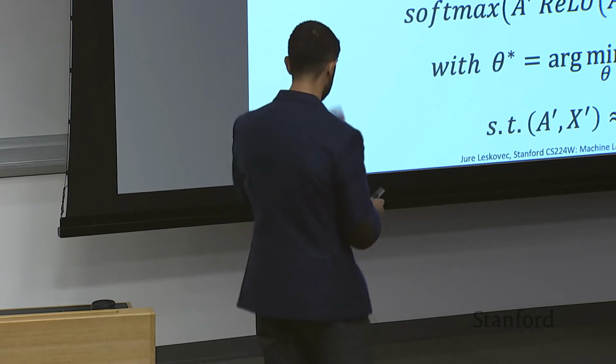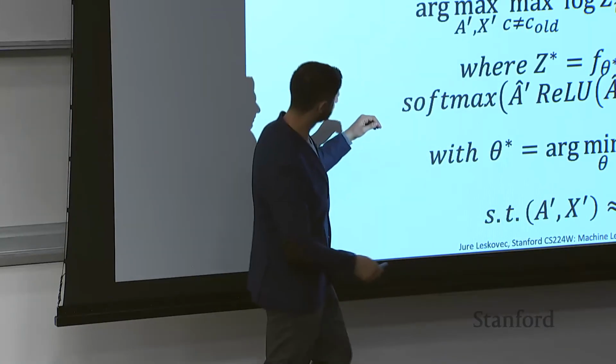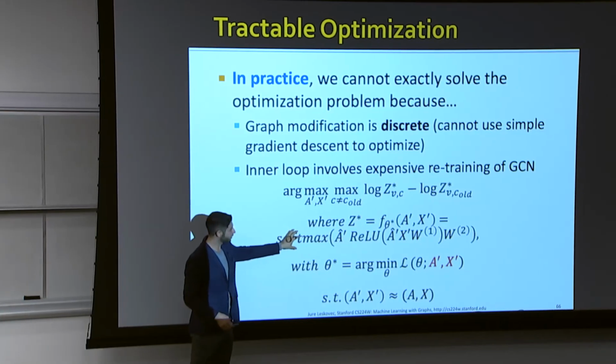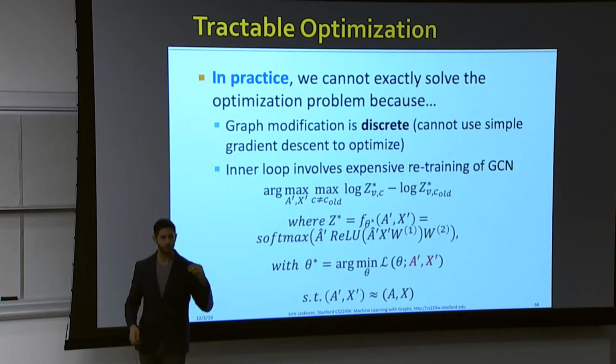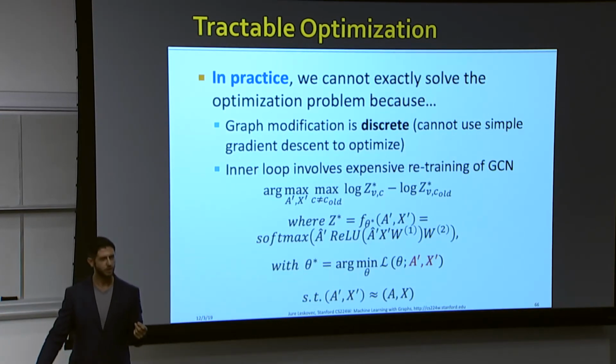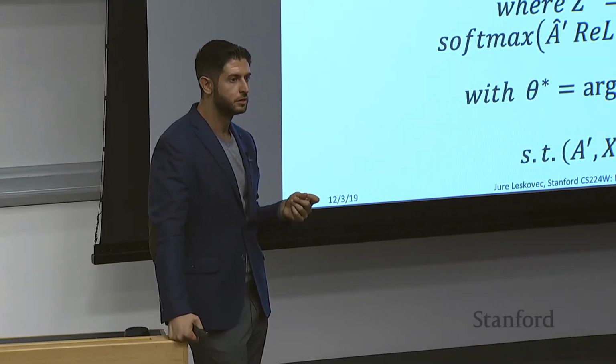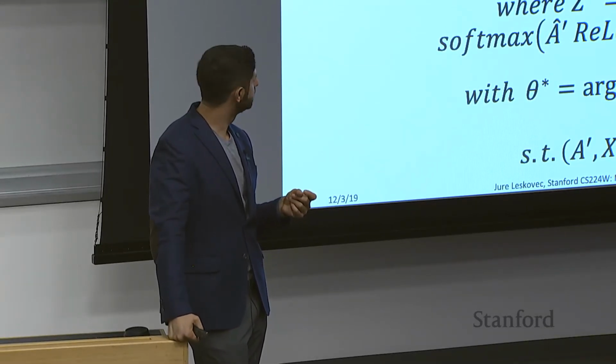Yeah, so let me see if I understood the question. You're asking, if we change the training model, why do we need to retrain it again? Shouldn't we have this expression over theta, which is trained over A and X?